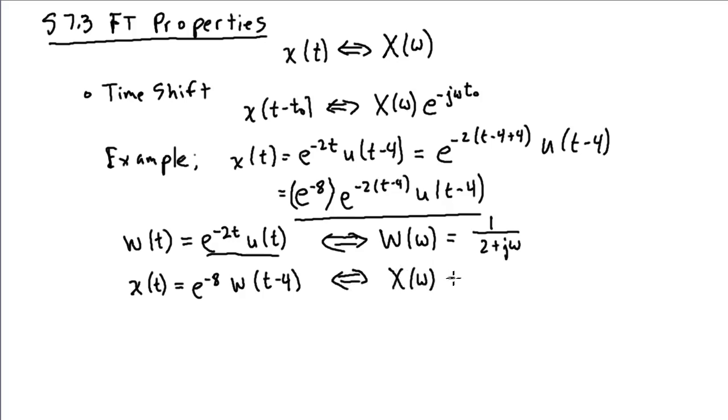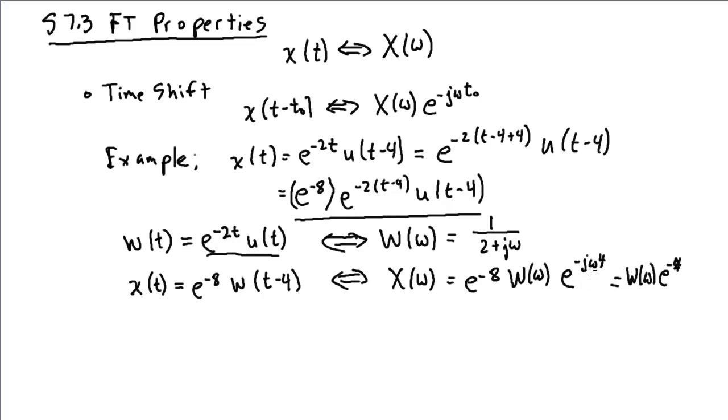X of omega will be equal to e to the minus 8 times W of omega. And then I've got my time shift here from this time shift property. It's e to the minus j omega 4. Notice the property is written as minus t0. I've got the minus t0 that appears in the exponential, so the minus 4 appears as the minus 4 here. I could rewrite this as W of omega e to the minus 4, factoring out a 4.